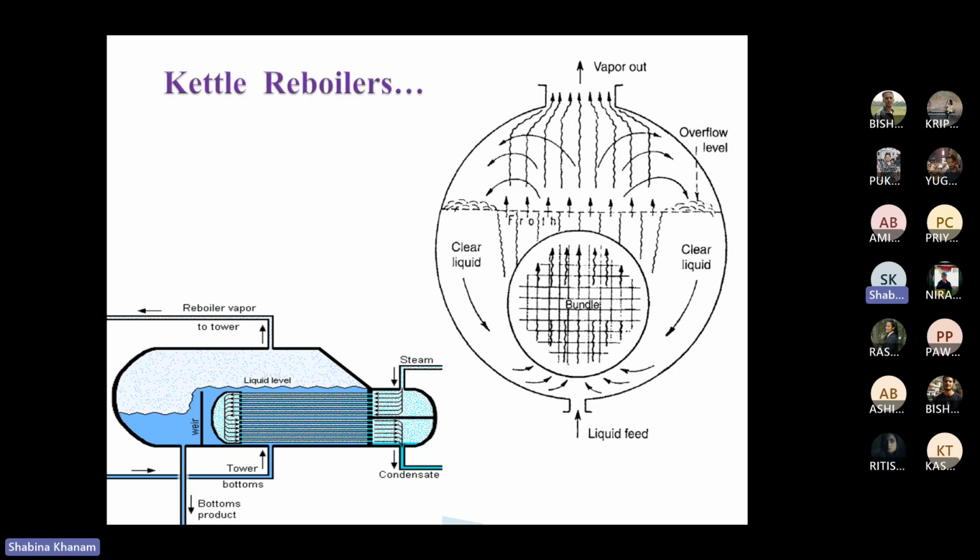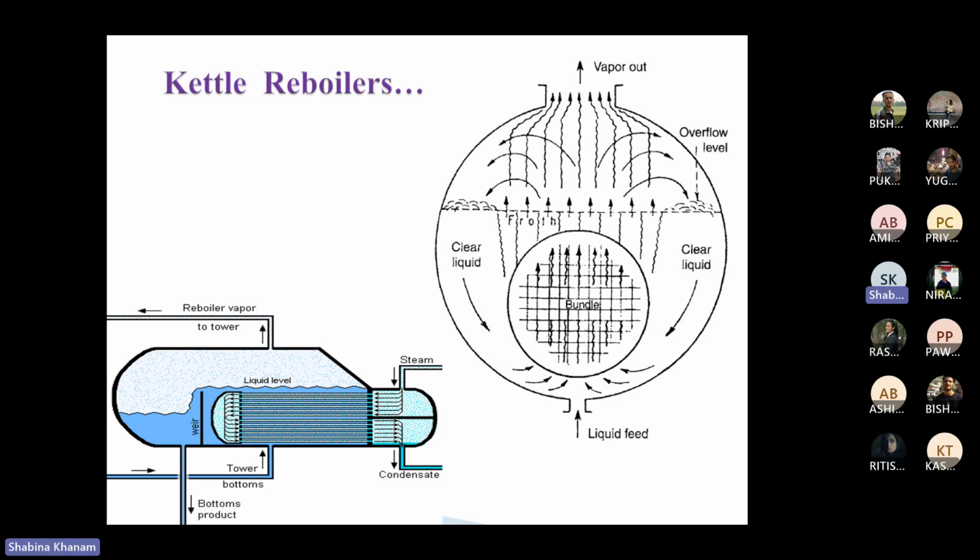So what I'm trying to emphasize here is that whatever mechanism is occurring is quite complicated. Secondly, because this weir ensures the bundle is completely submerged in the liquid, the boiling we are considering here is pool boiling.